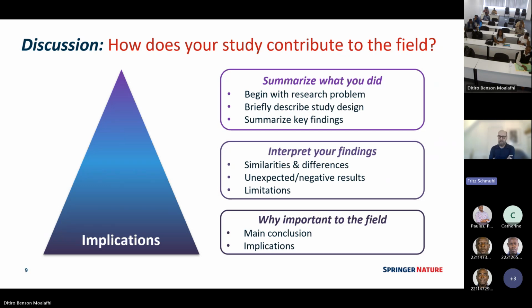Sometimes this is a separate section. It depends a little bit on the policies of the journal, but often this is just a final paragraph in which the author emphasizes the main conclusion, which hopefully is solving the problem in the field. They also discuss here why this is useful. How can you as a reader put this information into action?